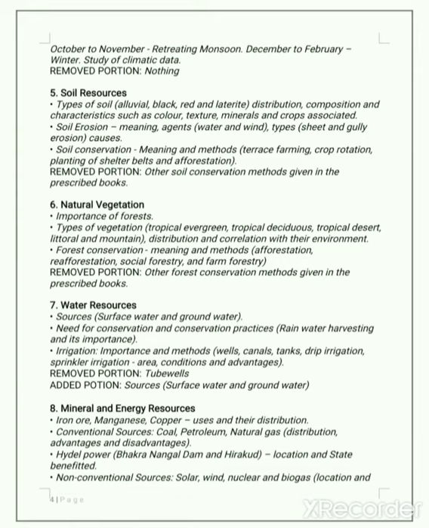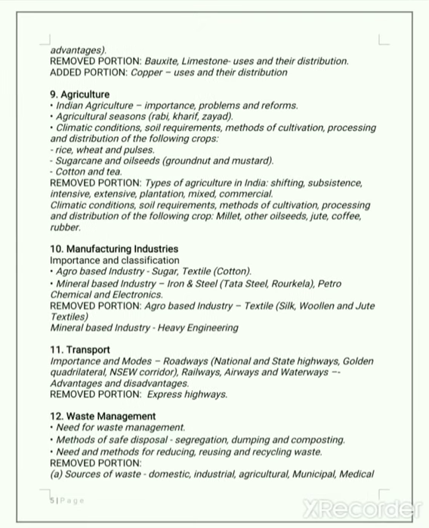Next, non-conventional sources. You are required to know solar, wind, nuclear and biogas. So you should study about solar energy, wind energy, nuclear energy and biogas. Okay, and you should do the location and advantages of those non-conventional sources of energy.